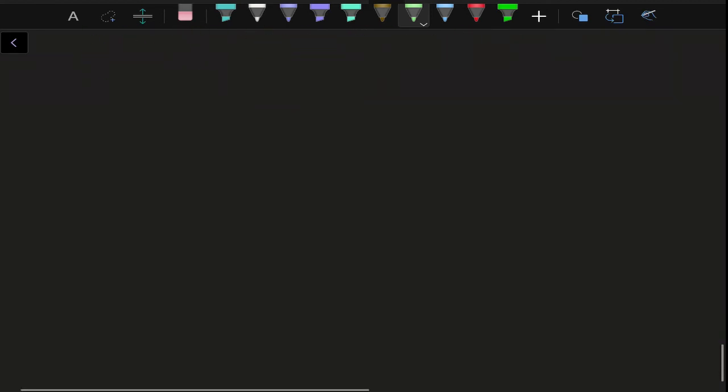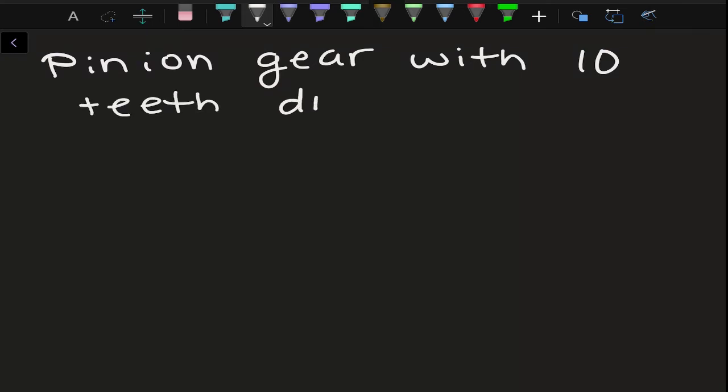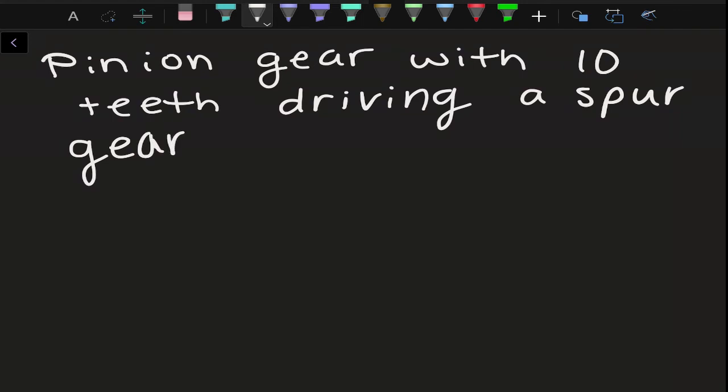So our first example is we have a pinion gear with 10 teeth, and it is moving a spur gear with 40 teeth.